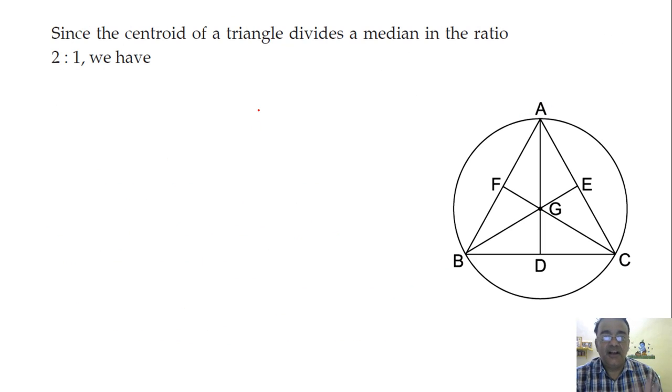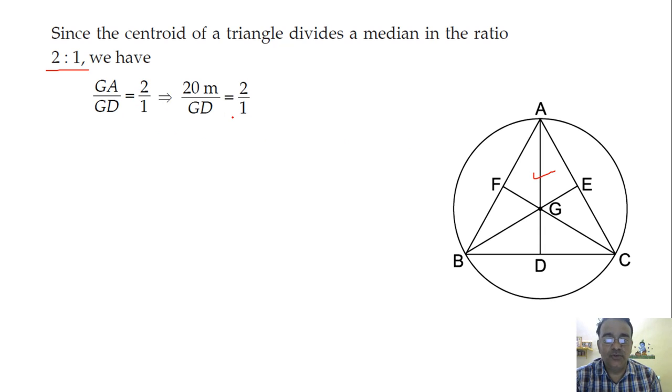Next, one of the most important properties of the centroid of a triangle is that it divides the median in the ratio 2:1. So AG upon GD will be 2:1. This AG is already given, 20 meter. So 20 upon GD is equals to 2/1. So GD we will get 10 meter from this.